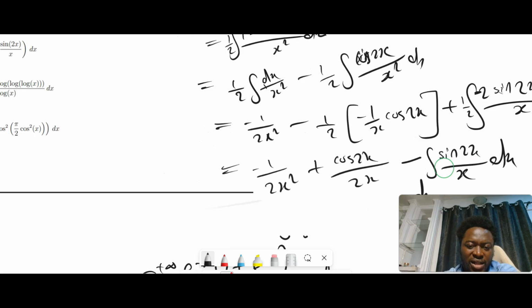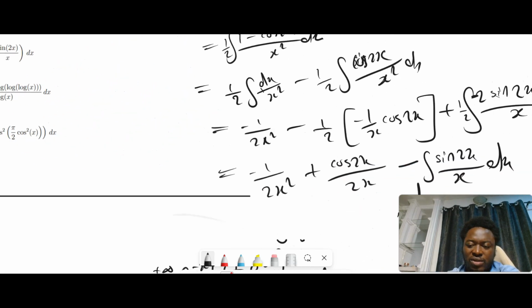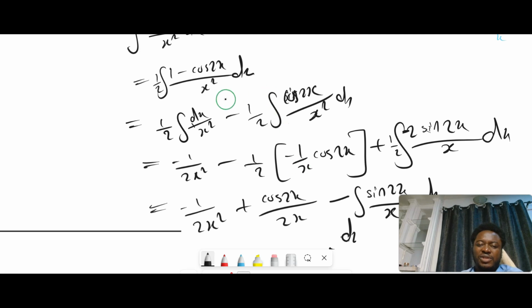So that's why I was saying that they should cancel, but I don't know why I'm getting a plus sign. Let me check. Okay, all of this has to be multiplied by negative. Yes, so all of this has to be multiplied by negative. This has a negative already, so this will be a plus sign, and this will be a plus sign too.